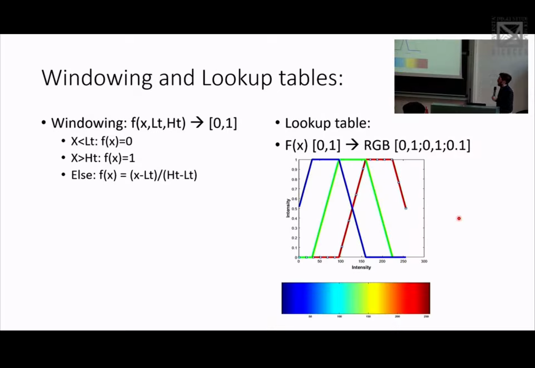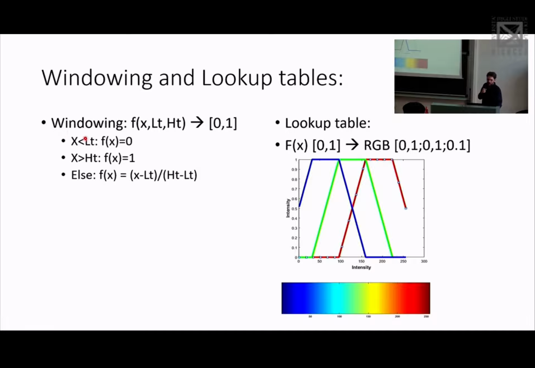On top of windowing, you can also apply some lookup table. Windowing is defined like that. If you want to see that mathematically, you have a function that takes 3 numbers in input, a value, a lower threshold, and an upper threshold, and gives you the output in a range between 0 and 1.